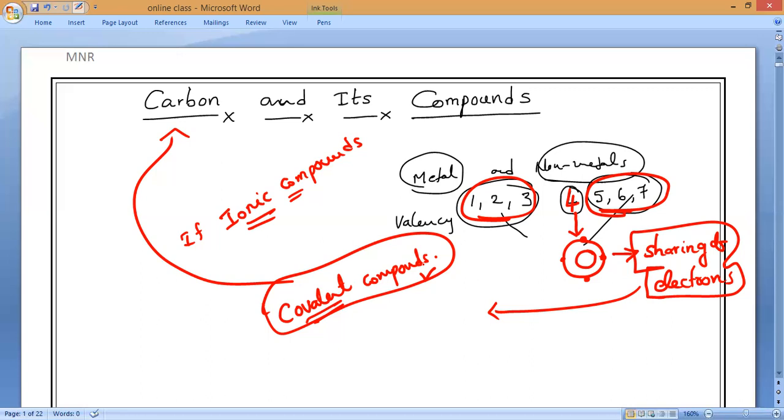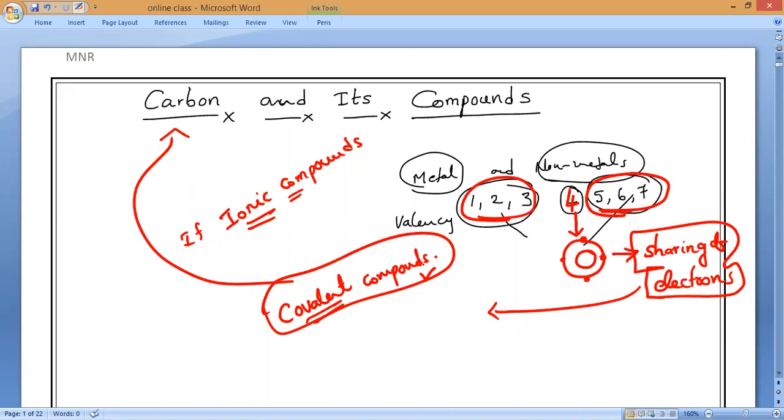We should study carbon, its properties, covalent bond formation, self combination, occurrence of carbon, allotropes of carbon, the versatile nature of carbon, and why carbon is very important.